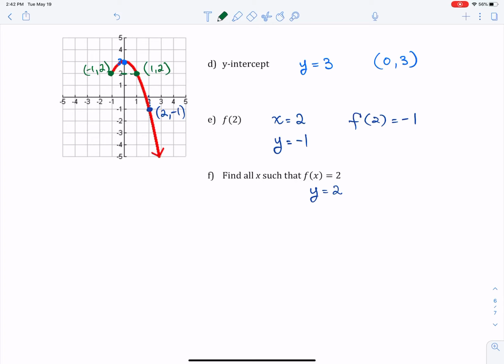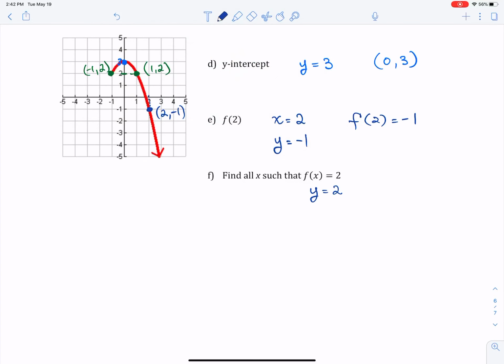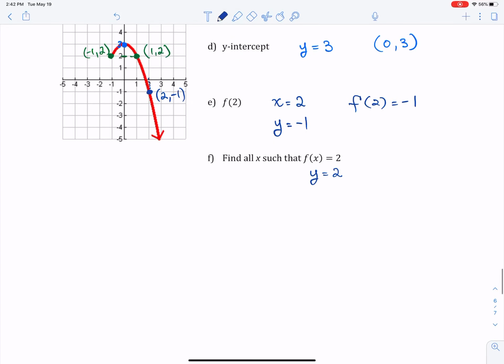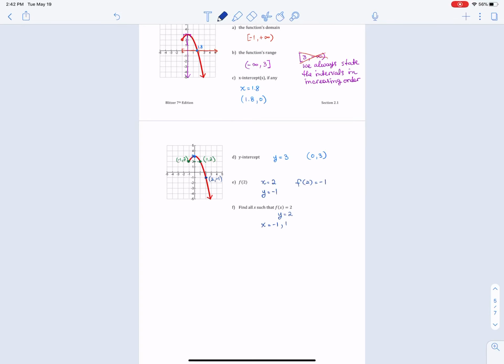So there would be 2 such values for which y is equal to 2. And those would be the x values of -1 and 1. With this, I'm concluding the following lesson.